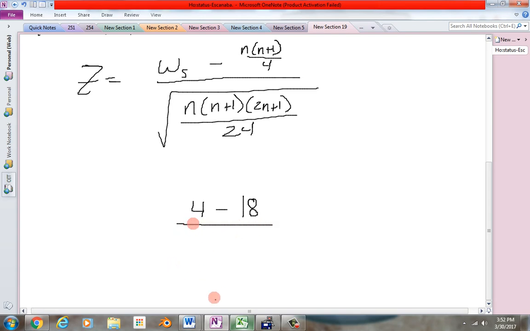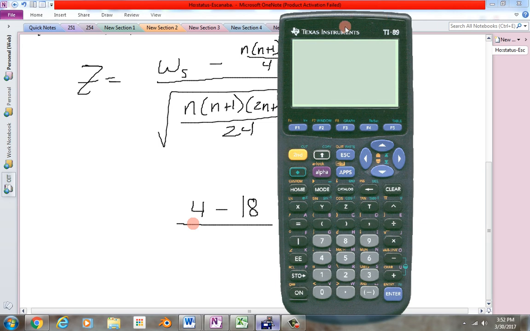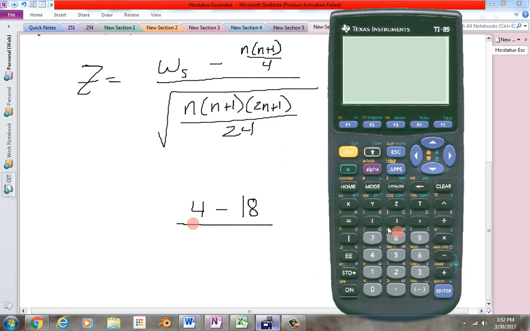Okay? So when we do this, it's going to be negative 1.645, right? Because this is going to be a lower tailed test. Then 17 divided by 24, and we're going to square root that, and we're going to get 7-ish, 7.14.